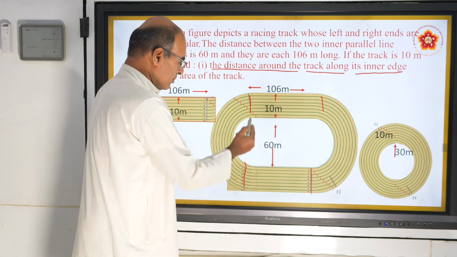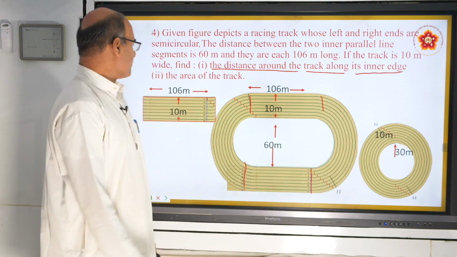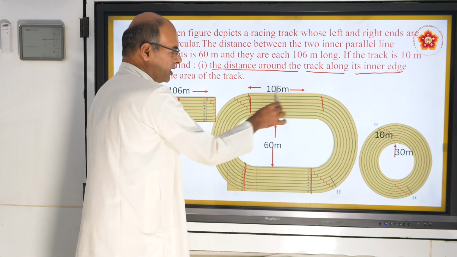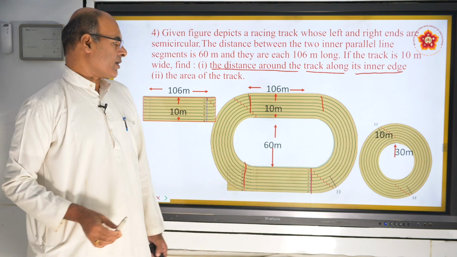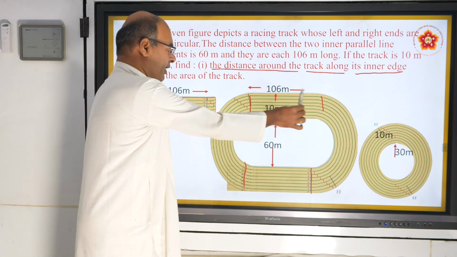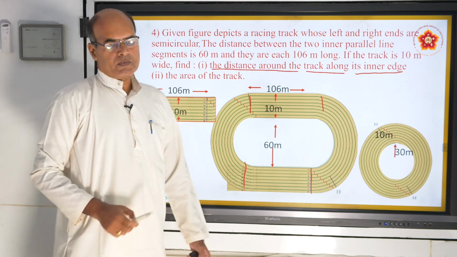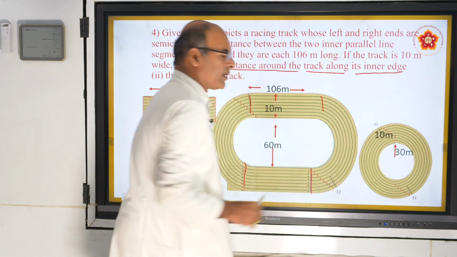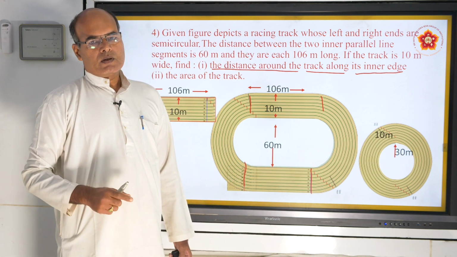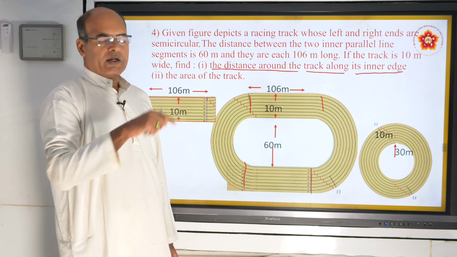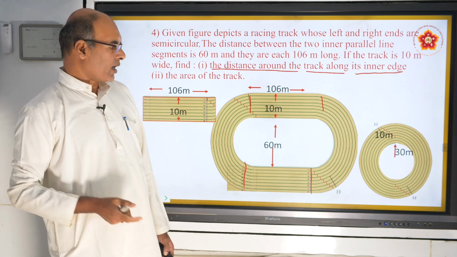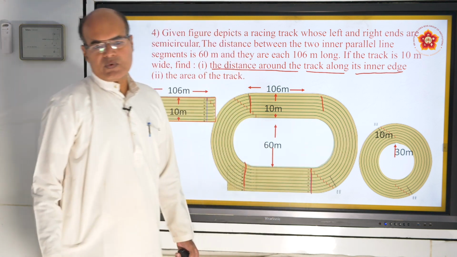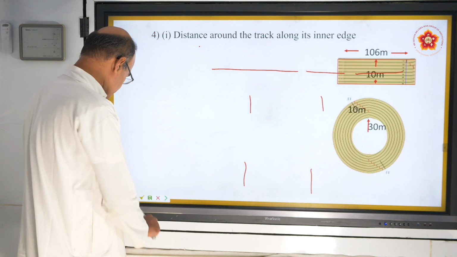And for the second question, twice the area of the rectangle, because there is a rectangle here and here also: 106 into 10 into 2, plus the area of this circular ring band. I told you the area of a band is pi into r1 plus r2 into r1 minus r2. Here r1 plus r2 is 30 plus 10, and r1 minus r2 is 10, the width of the band. Let us see.